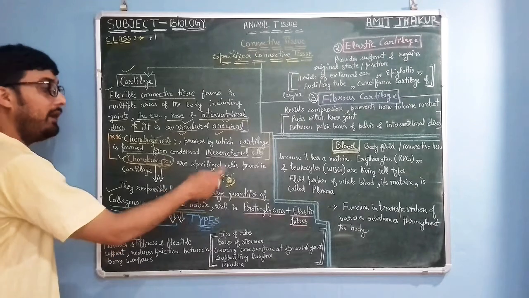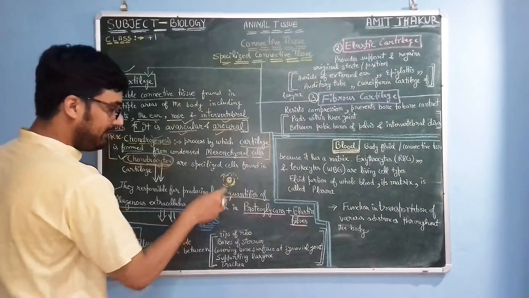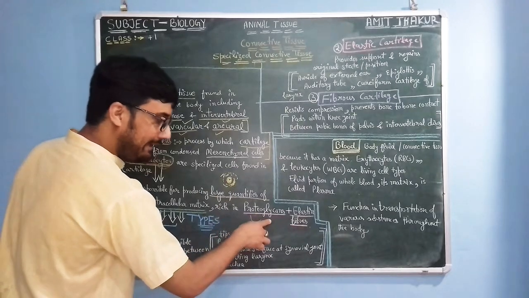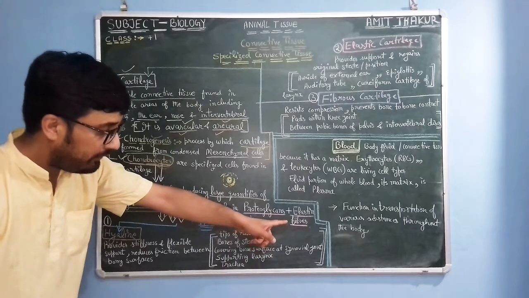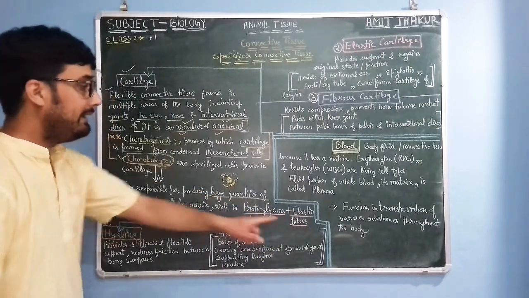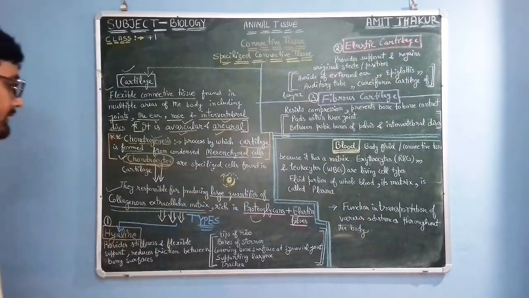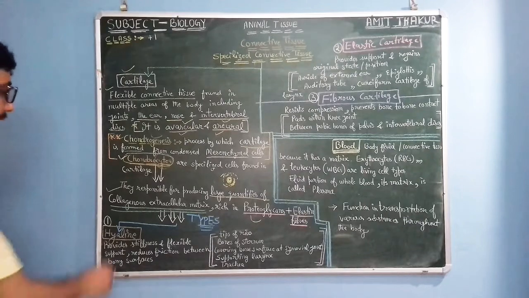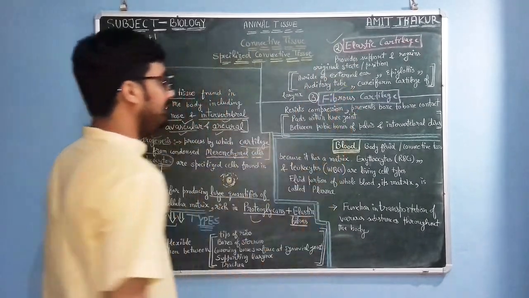Extra means outside the cell. And this matrix is rich in proteoglycans and elastin fibers. Because of having these elastin fibers in addition to collagen fibers, it has the property of elasticity.